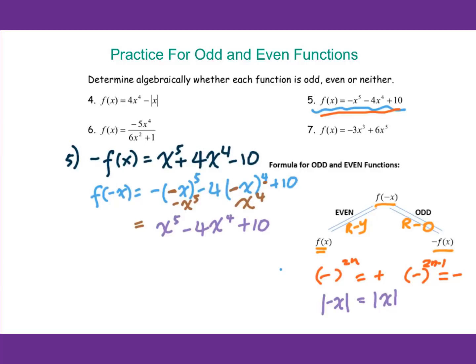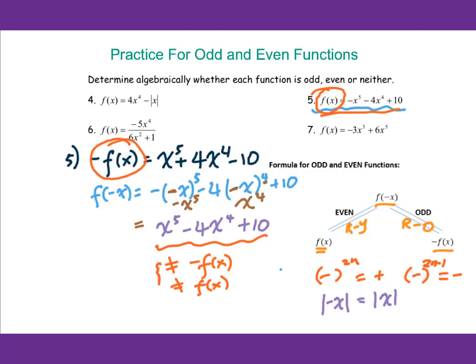Then you compare to the opposite function and the original function. You could say this one is not equal to negative f of x and not equal to f of x. So it's neither.